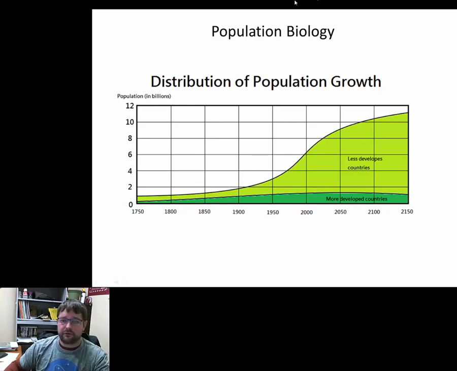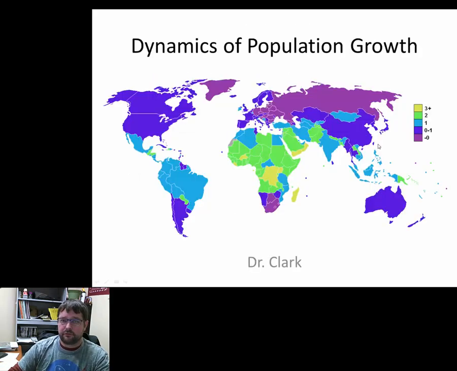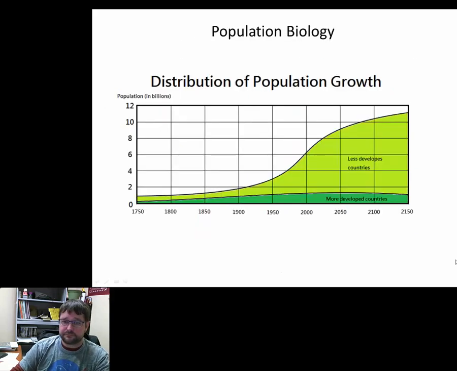Less developed countries, like the ones that you saw on the map, that, if we jump back, are in these threes or twos, most of Africa, some of the Middle East, they're going to over-reproduce.